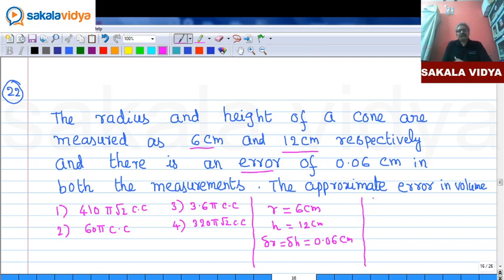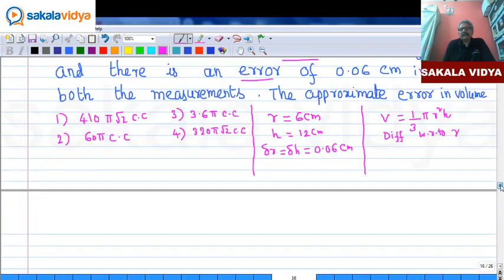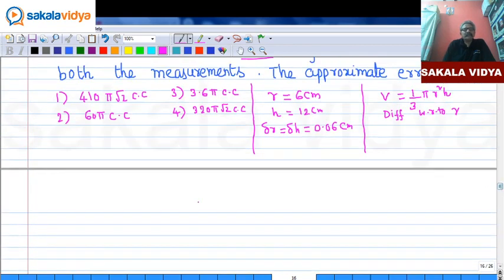So here V is equal to 1 by 3 pi r square h. So differentiate with respect to r and h, two variables.